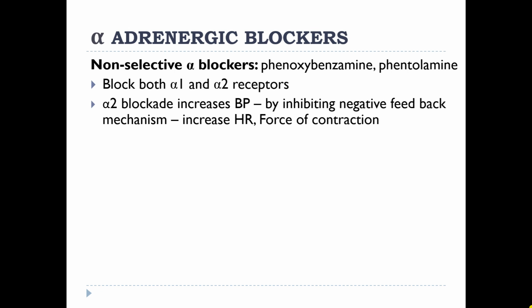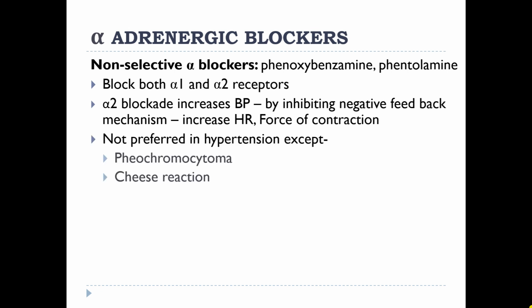If you remember from the synaptic transmission of the sympathetic neuron, on the presynaptic neuron there are two receptors, alpha 2 and beta 2. Alpha 2 receptor stimulation will cause inhibition of the sympathetic outflow, and beta 2 receptor stimulation will cause stimulation of the sympathetic outflow. So alpha 2 receptor blockage will cause inhibition of the negative feedback mechanism, and there will be an increase in the heart rate and force of contraction.